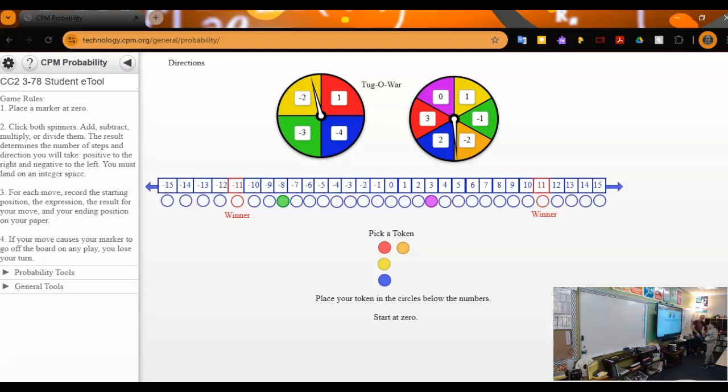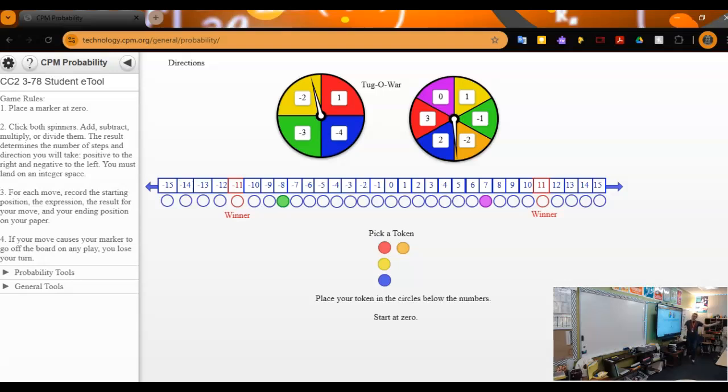What is -2 times -2? +4. I say multiply. So he's going to multiply. -2 times -2 is +4. Takes him to 7.